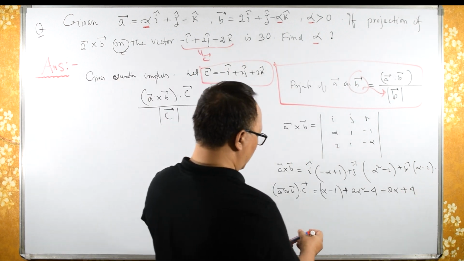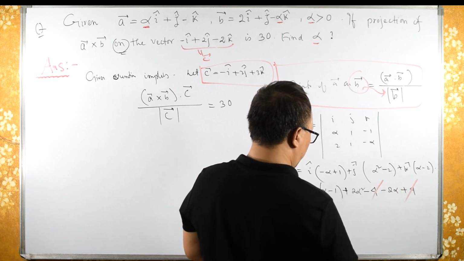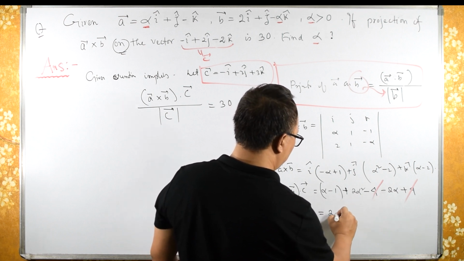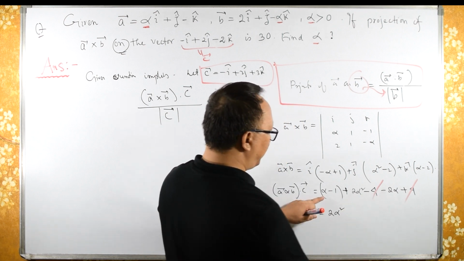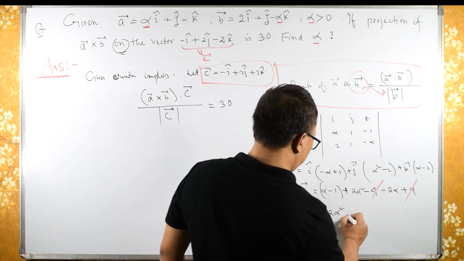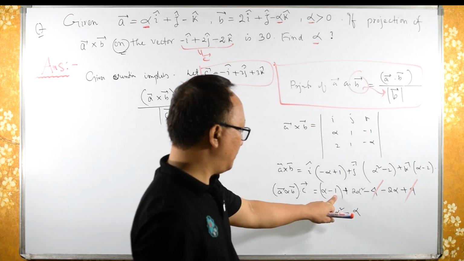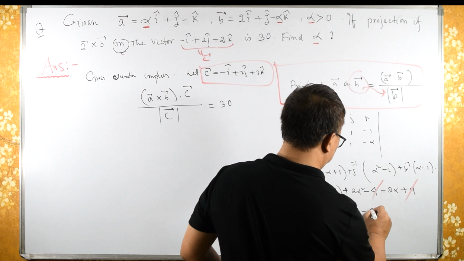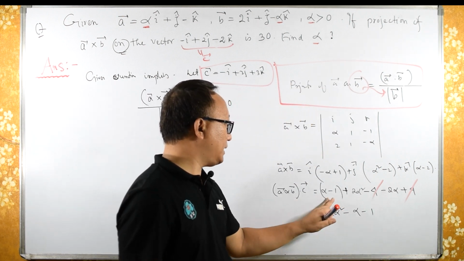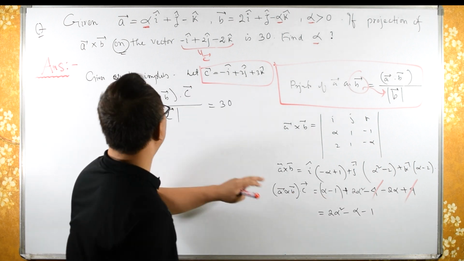So this minus 4 and plus 4 get cancelled. So this is the same as 2 alpha square. Here we have alpha minus 2 alpha, which is minus alpha. Here we have minus 1. 2 alpha square minus 2 alpha plus alpha is minus alpha. Now let's substitute this value over here.